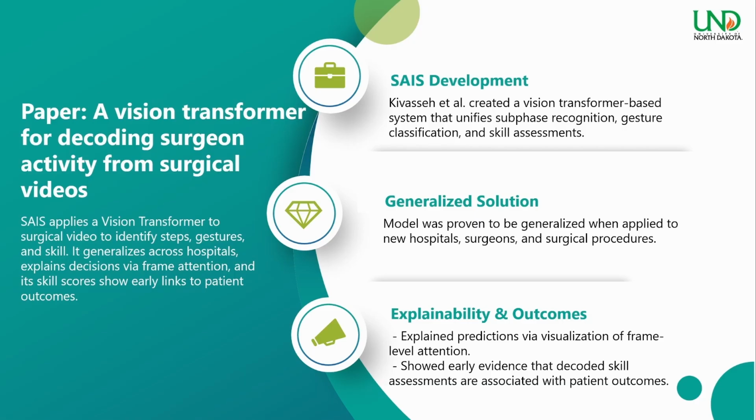And then finally, the authors placed a big emphasis on explainability and outcomes. So using attention maps, they could show which frames the model used to make its predictions. And early evidence suggests that the skill assessments generated by the model were linked to actual patient outcomes, which means that this is a clinically relevant study.